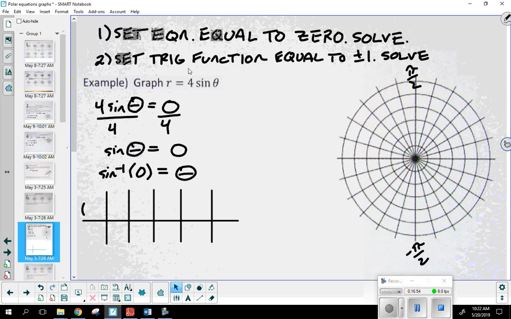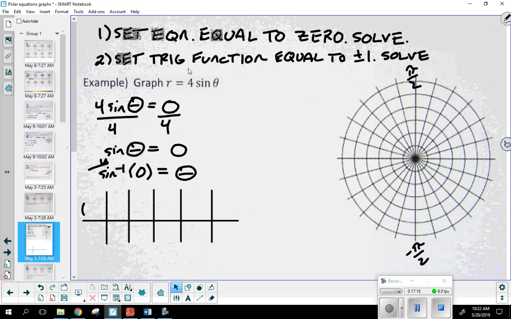So think about this. We're not going to worry about using the calculator. Think about all the ordered pairs that we have between negative pi over 2 and pi over 2. I'm looking for the one ordered pair where the y value is 0. What am I thinking of? It starts with a Q. Quadrantal. So what's the answer?